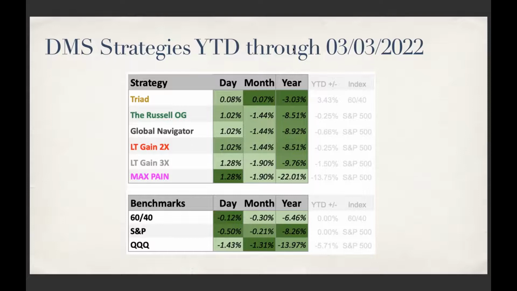So if LT Gain 2X was there at that time, smart leverage would have been triggered. I can't remember the end of the month number, but it was well in excess of 15%. So when we go back into equities, you would go into SSO, and it held for the next 12 months. The strategy each of the next 12 consecutive months said stay in equities. So we would hold SSO, and the 13th month also said stay in equities.